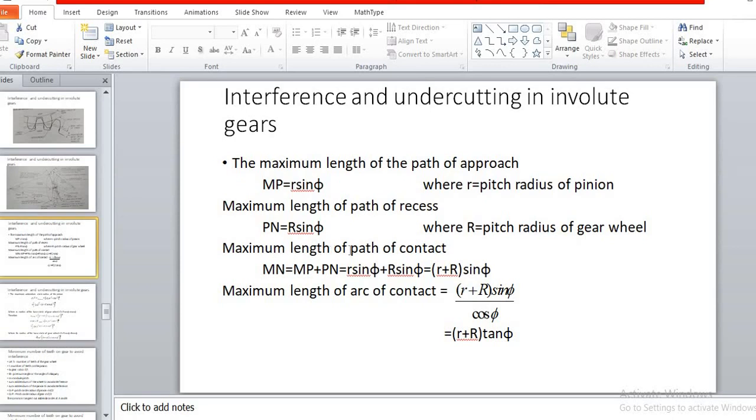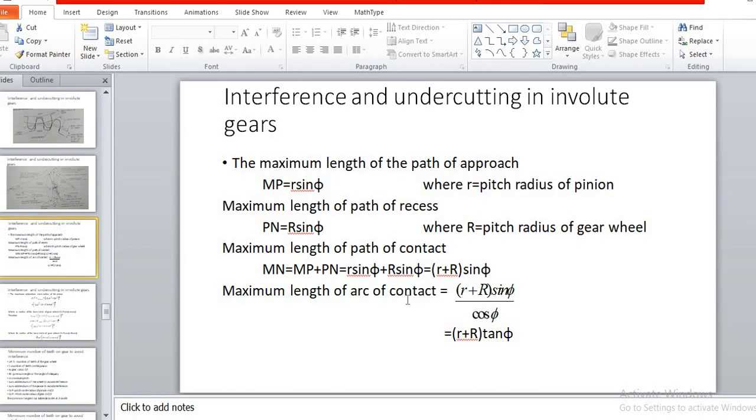The total length of the path of contact is the summation of both paths, which becomes small r plus capital R, times sin phi.